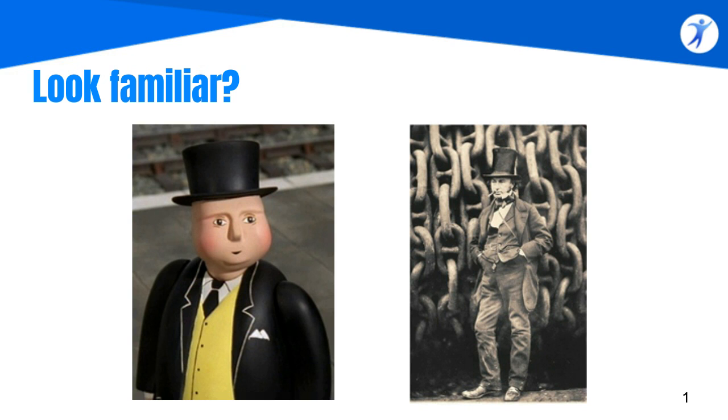The guy on the right is Isambard Kingdom Brunel. The character on the left is Sir Topham Hatt from the Thomas the Tank Engine stories. Yes, the character on the left was fashioned and modeled after I.K. Brunel. So if you're familiar with anything about Sir Topham Hatt, now suddenly you know something about I.K.